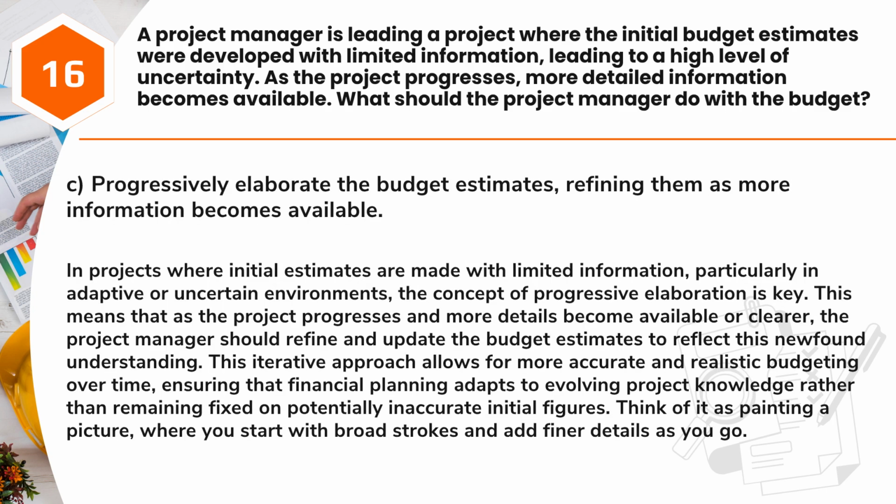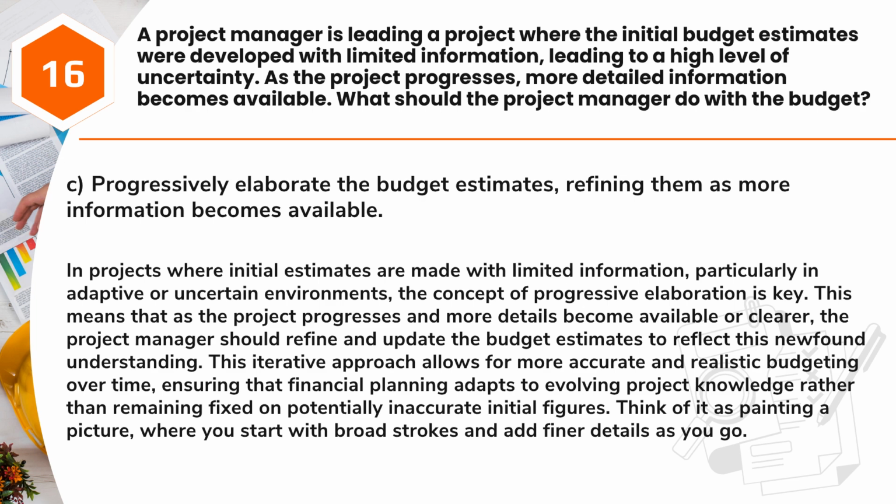Answer: C. Progressively elaborate the budget estimates, refining them as more information becomes available. In projects where initial estimates are made with limited information, particularly in adaptive or uncertain environments, the concept of progressive elaboration is key. This means that as the project progresses and more details become available or clearer, the project manager should refine and update the budget estimates to reflect this newfound understanding.